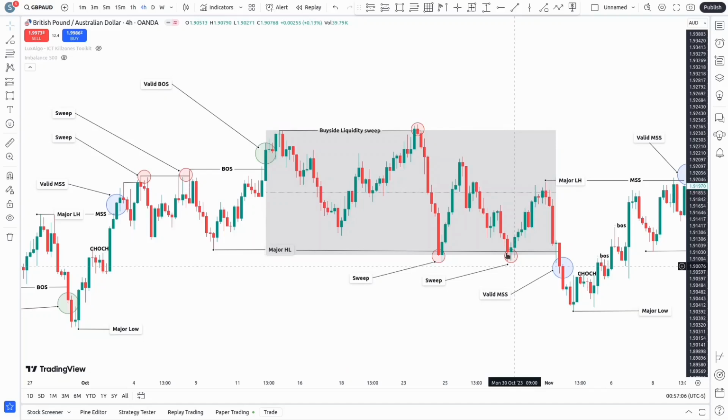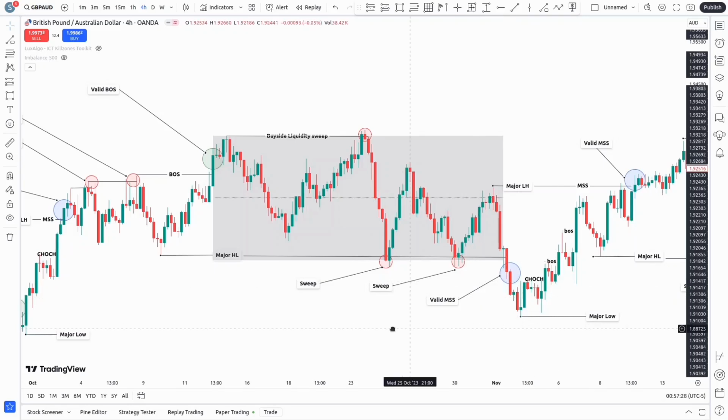So the market swept this liquidity, comes here, then this is where we have a valid market structure shift. You remember this place was a high, liquidity swept here, this place is a low, and the market broke it, so we have a major market structure shift here.